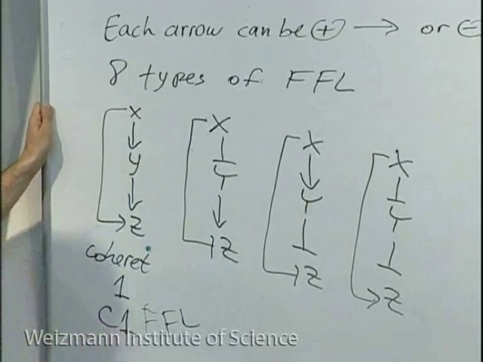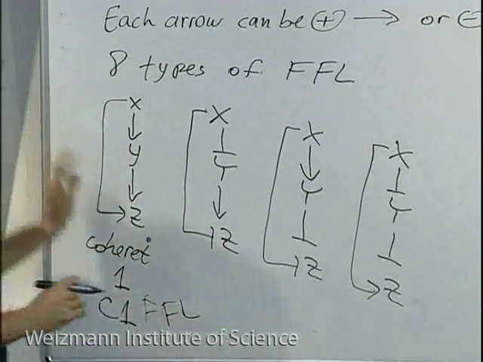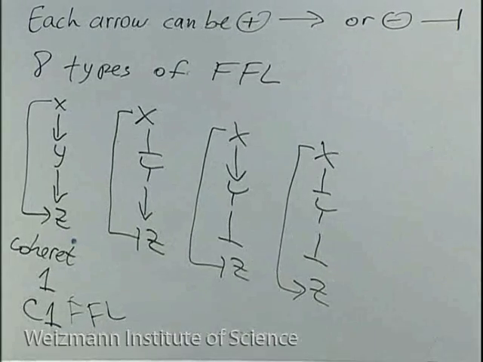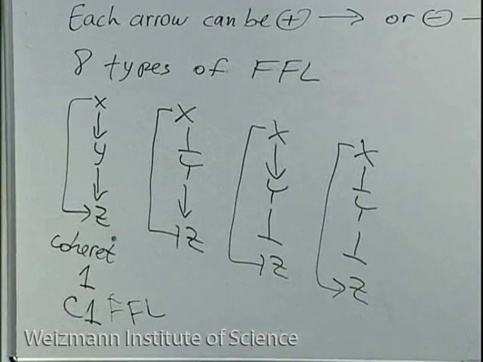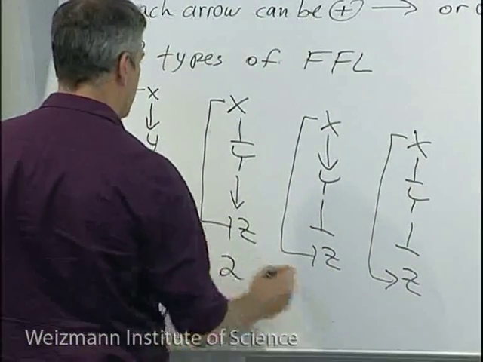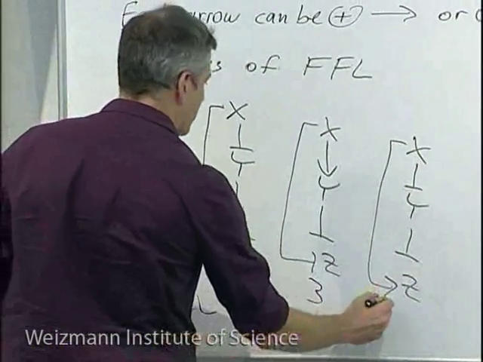These are the 4 coherent types. I don't remember by heart how we named them. This is type 2. This is type 3. This is type 4.